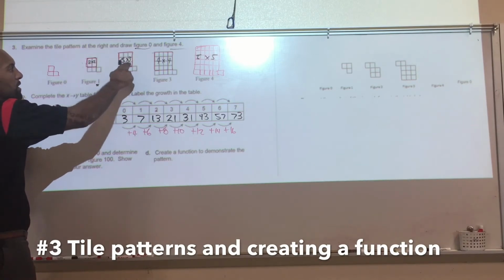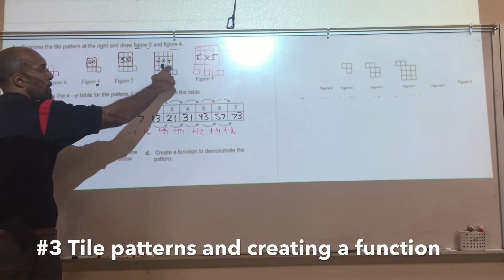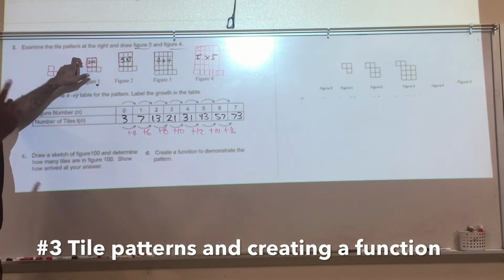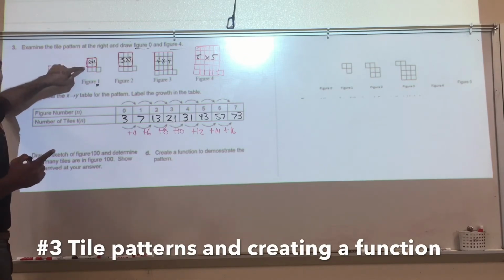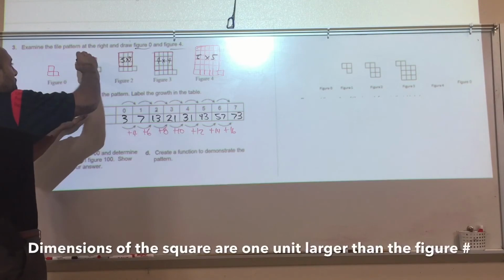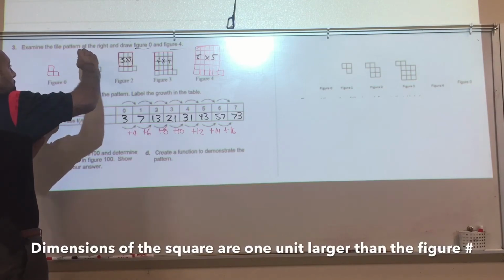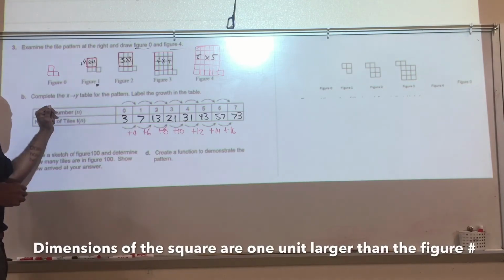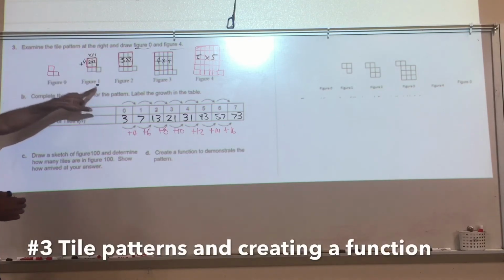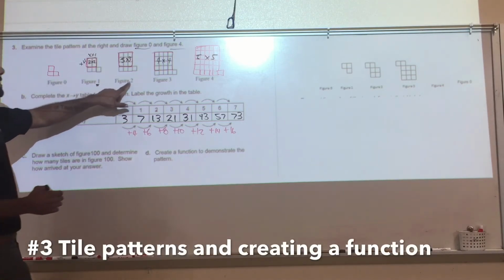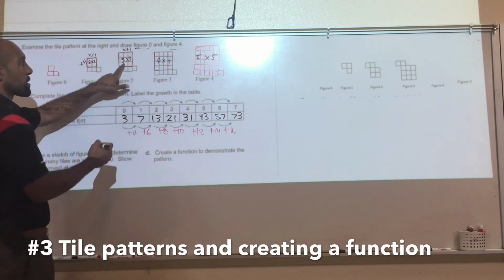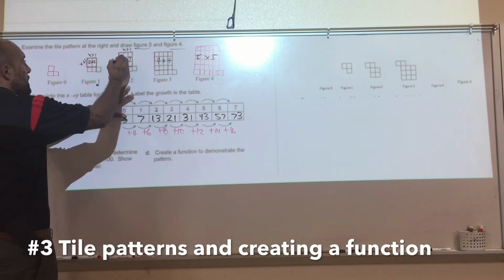This is 2, 3, and 3. 3, 4, and 4. So one side of the square is 1 bigger than the figure number. So I could say that this is x plus 1. And that means this is also x plus 1, because the x is the figure number, right? So here it's 2 plus 1, or x plus 1, which is 3.